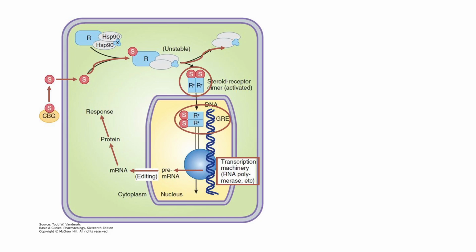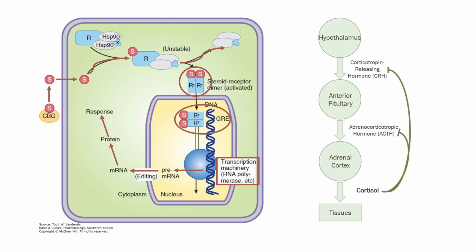We also have a regulatory system that is the HPA axis, with the hypothalamus secreting CRH, stimulating the anterior pituitary to secrete ACTH, which then stimulates the adrenal cortex to secrete cortisol. In a negative feedback loop, sufficient cortisol suppresses the release of both ACTH and CRH.